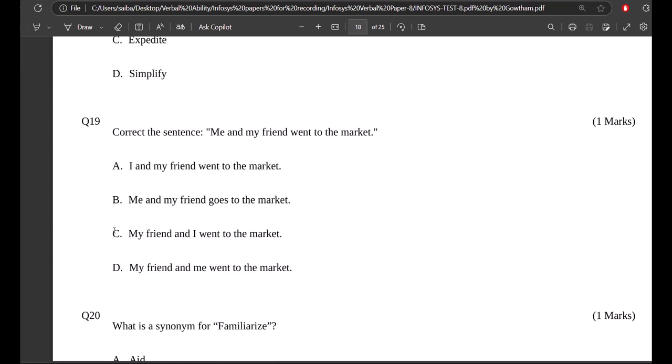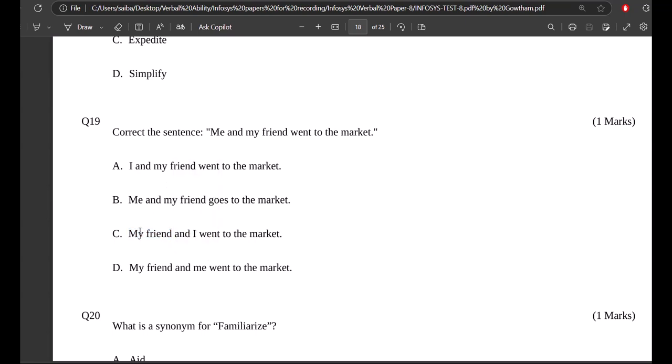Now next one, correct the sentence: me and my friend went to the market. Whenever you are using the subject case, always you have to use I. You should never use me in the subject case. Only in the object case we use me. And whenever you are talking about two people, that is a third person and yourself, always you have to talk about others first, then mention yourself.